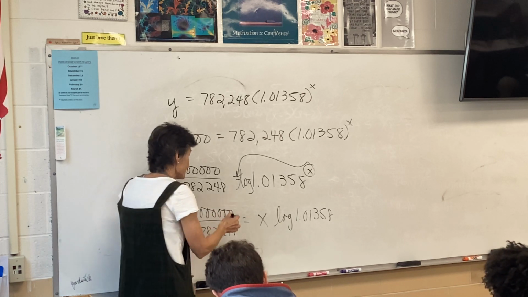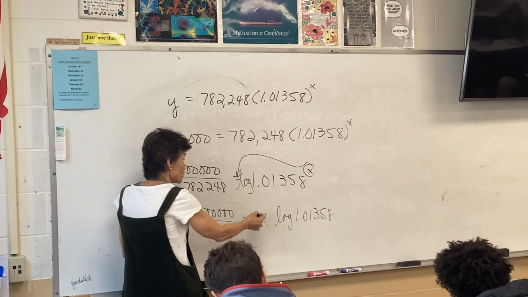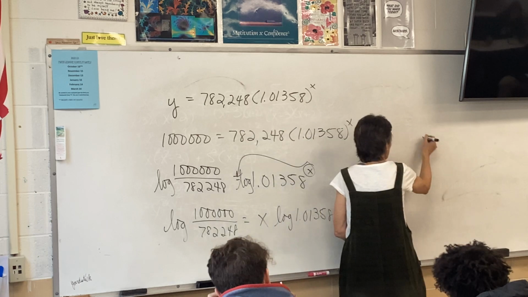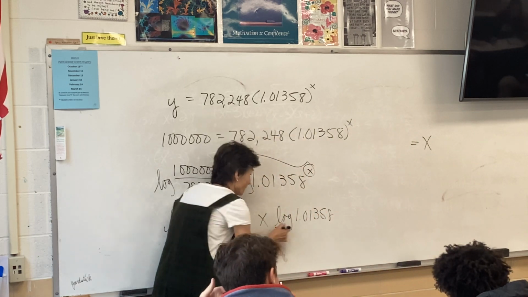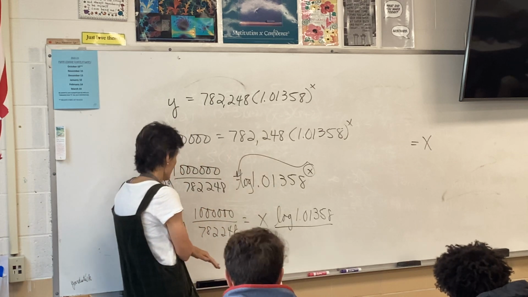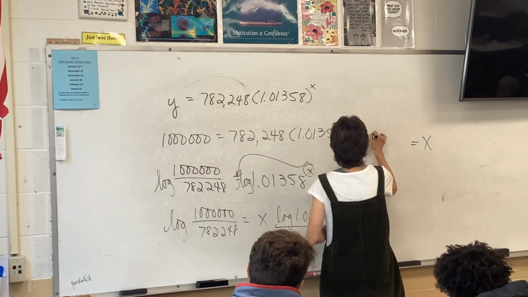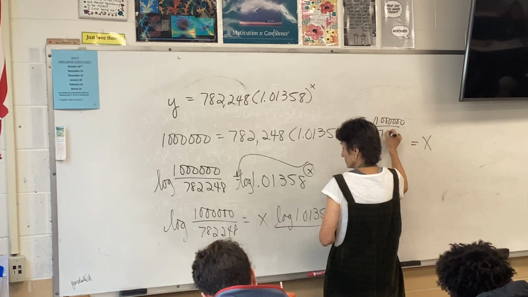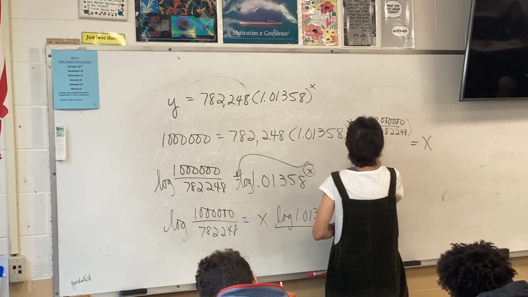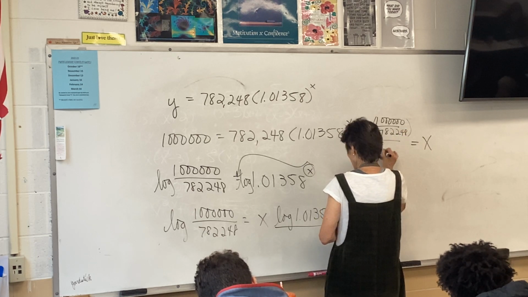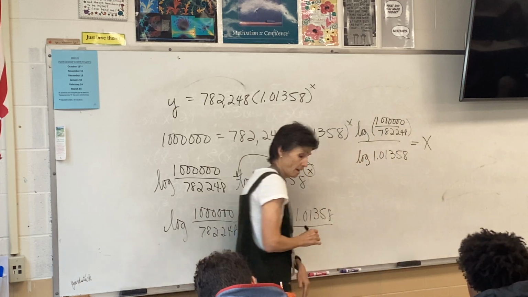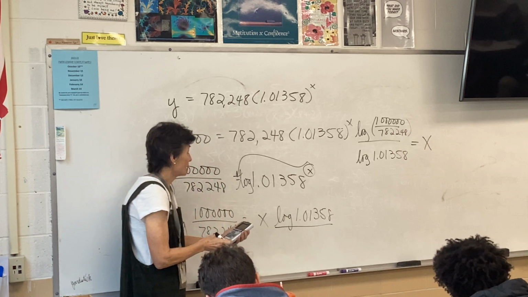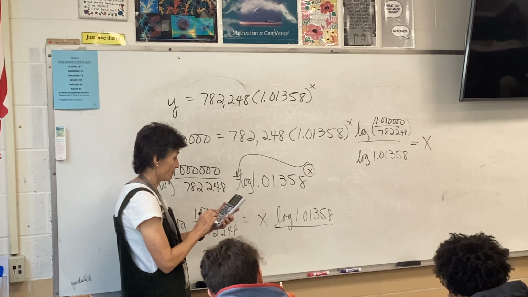So now, since that x is now a coefficient, to get x by itself, now all we need to do is divide by this. So we're going to have the log of, and you're going to divide it by the log of this. All right, so let's all type that in on our calculator, make sure we can. And then we have to talk about what our answer is going to be.